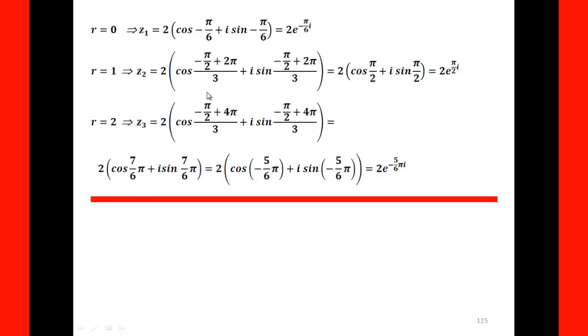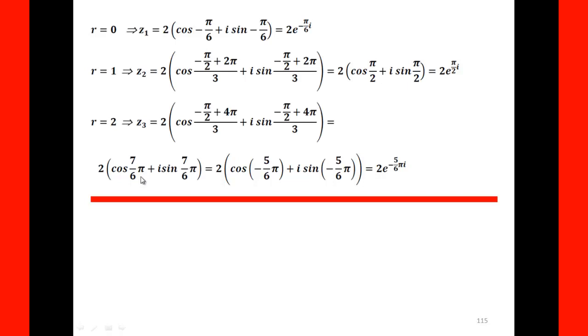When you simplify this part, it will be 7 over 6 pi. You can write in your calculator negative a half plus 4, all over 3. What you get is 7 over 6, and we write pi: 7 over 6 pi.